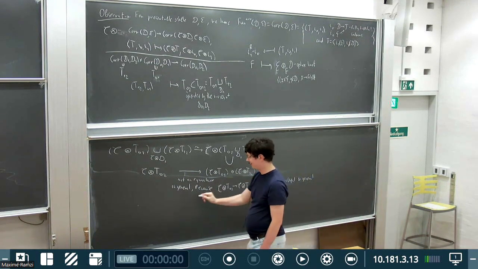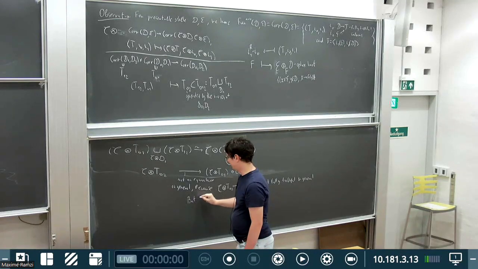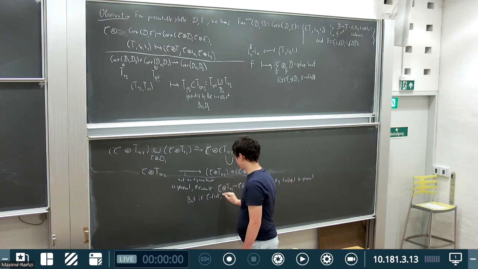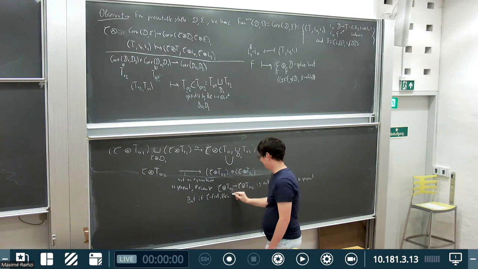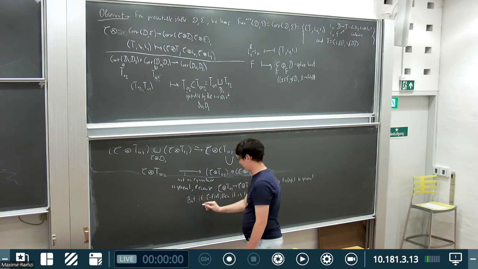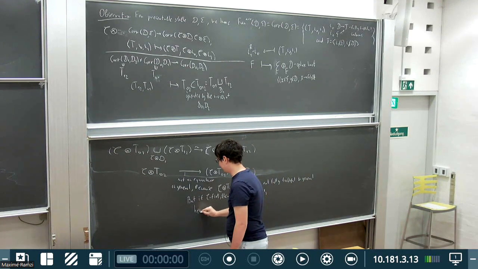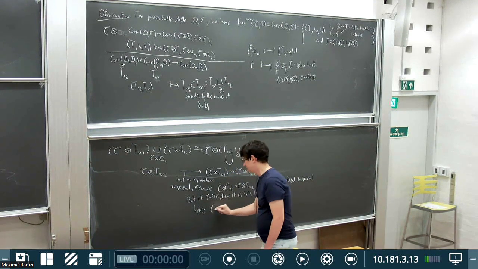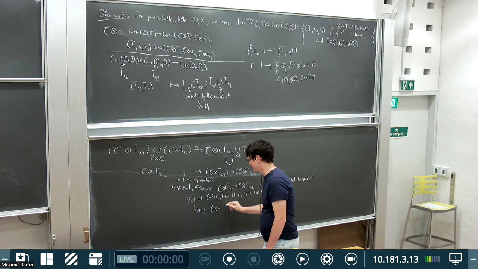But if C is flat, then it is fully faithful, and it follows that C tensor something gives you an actual functor from accessible stable categories to itself.